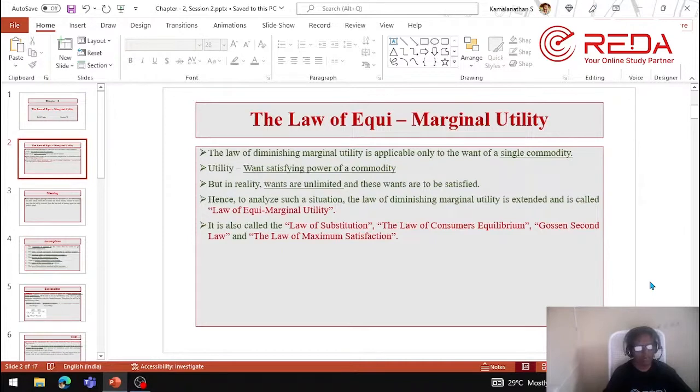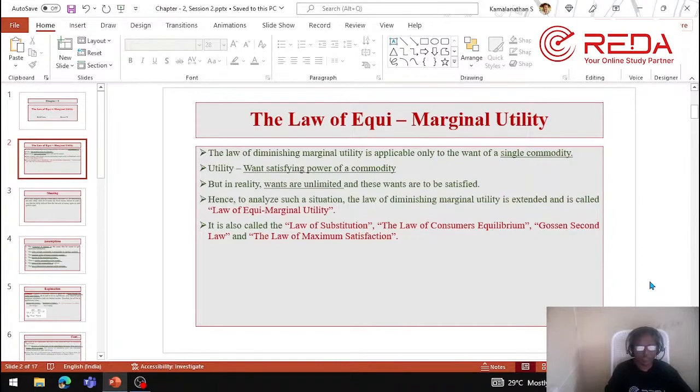This law of equi-marginal utility will analyze the utility level, or the satisfaction level, of an individual with the help of more than one commodity.